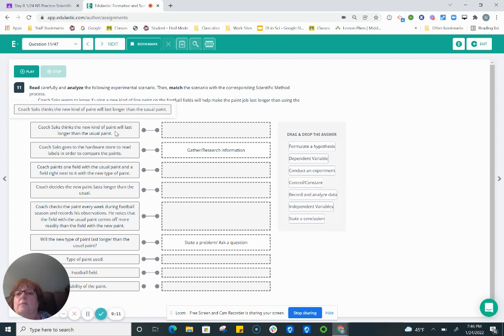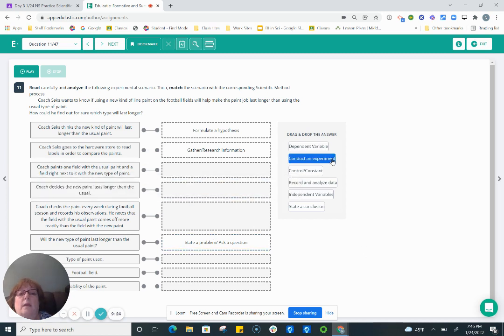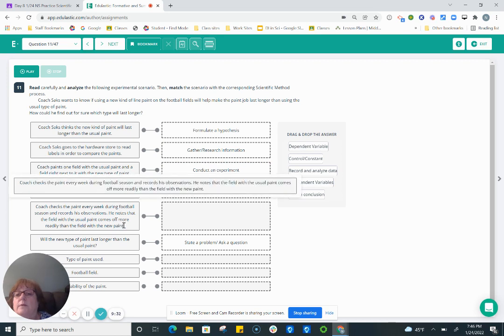He thinks the new kind of paint will last longer than the usual paint. That might be his hypothesis. He paints one field with the usual paint and a field right next to it with a new type of paint. That would be conduct an experiment. He checks the paint every week during the football season, records his observations.